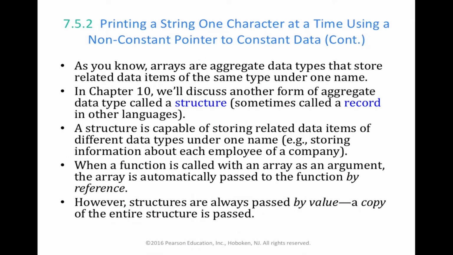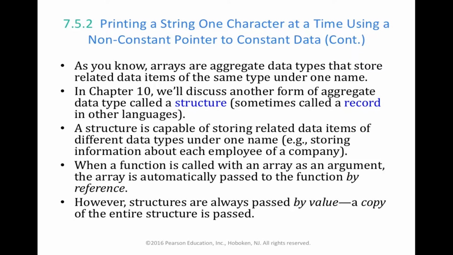Printing one character at a time using a non-constant pointer to constant data. Again, this is what we've been doing. As you know, arrays are aggregate data types that store related items under one name. In Chapter 10, we're going to look at another form of aggregate data type called a structure. A structure is capable of storing related data items of different types under one name.